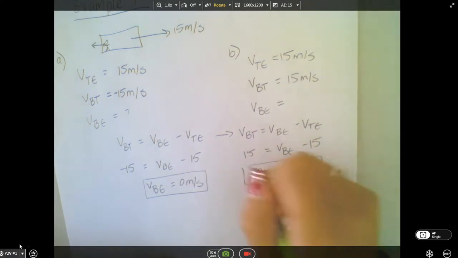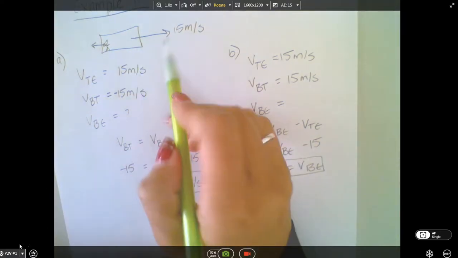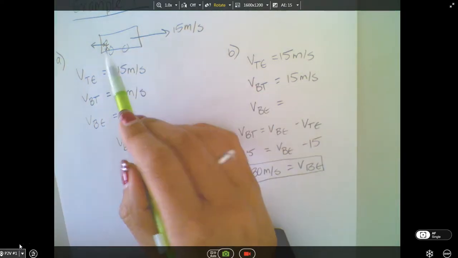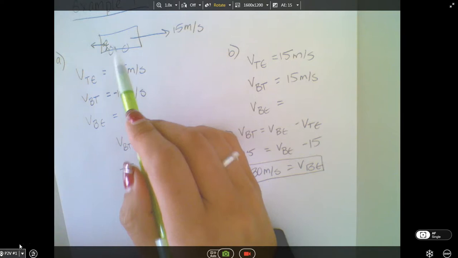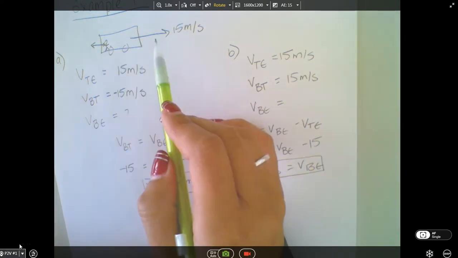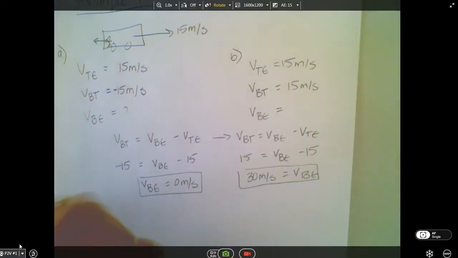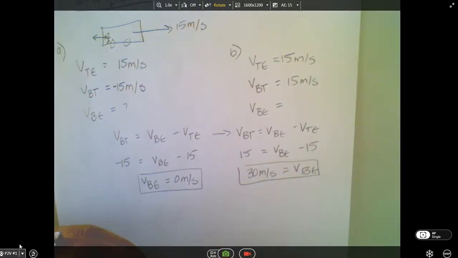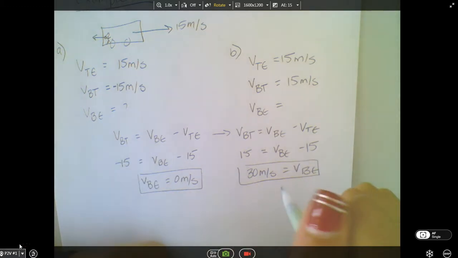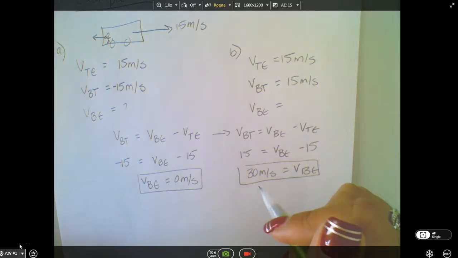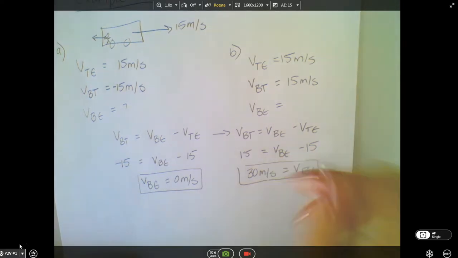And that makes sense because the train is moving to the right at 15, so the ball has that 15 because it's moving to the right, but then it also has the 15 that the guy threw. So we have the 15 of the train plus the 15 of the ball, and so if you were standing outside looking at the ball, it would look to you like the ball were moving at 30 meters per second. You may not be able to tell the difference standing outside the train, but mathematically that's how it comes out.